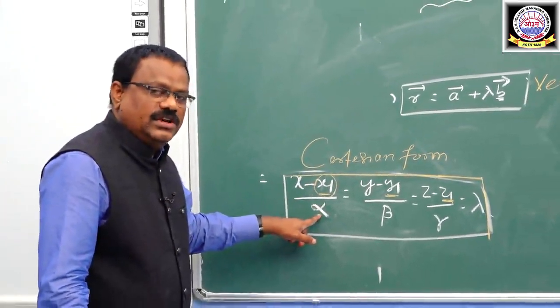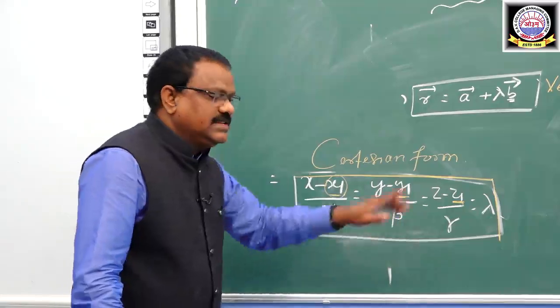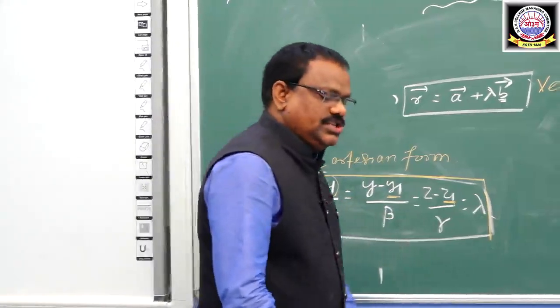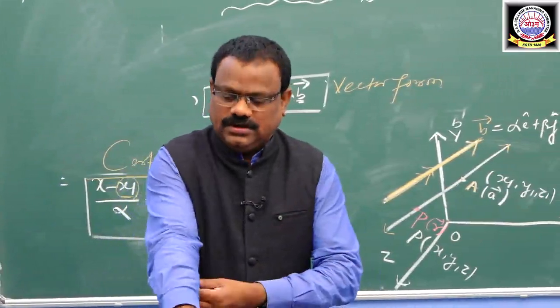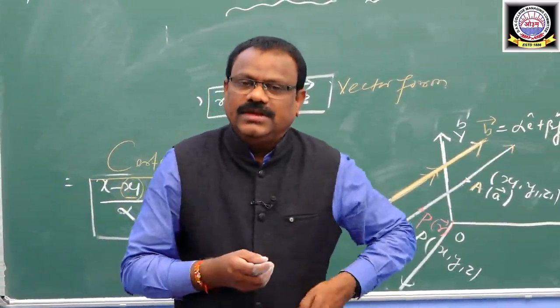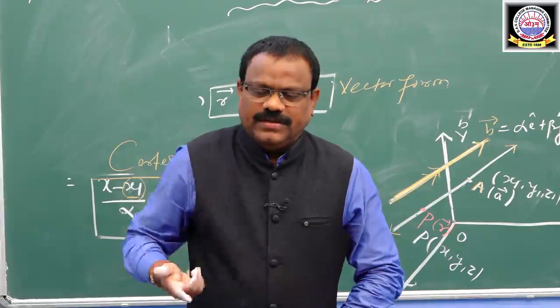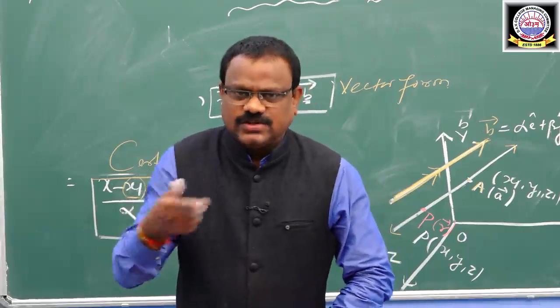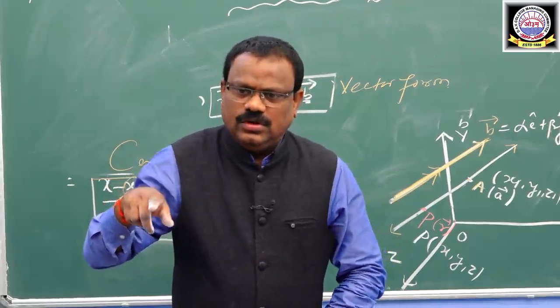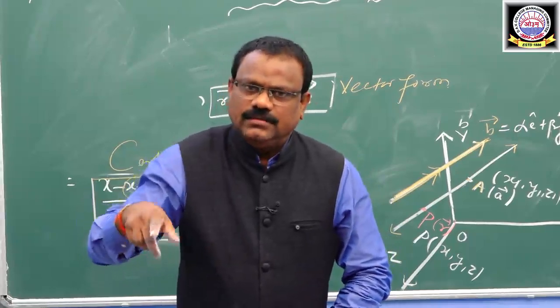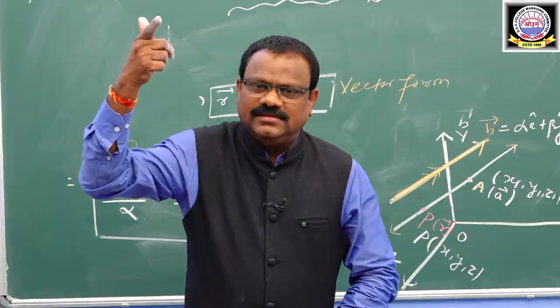We cannot say it is non-defined because these are representing the direction ratio of a vector. One of the components may be 0. Suppose one vector is on the xy plane, so to that vector many lines will be parallel.